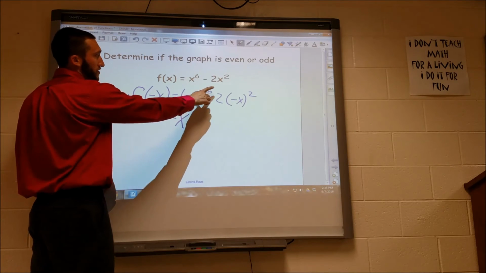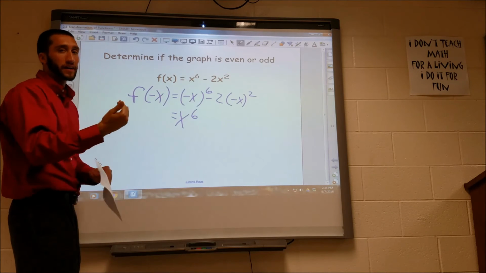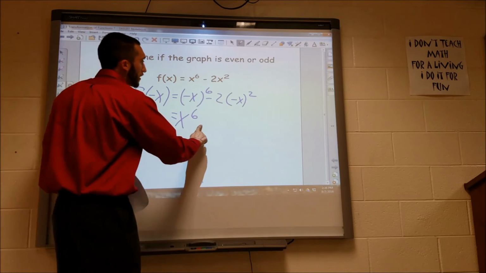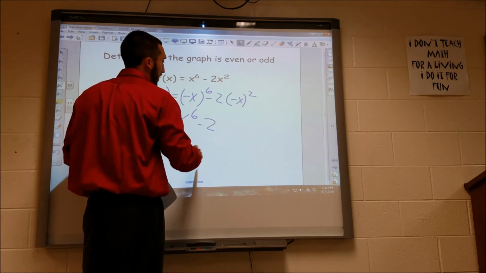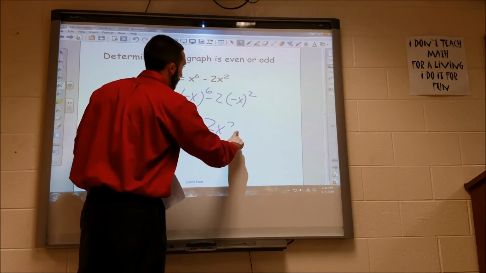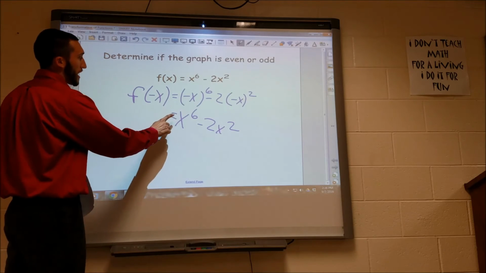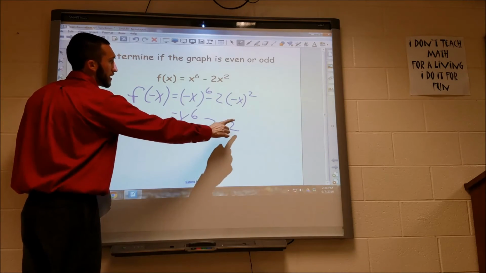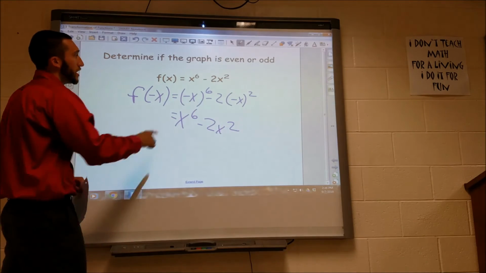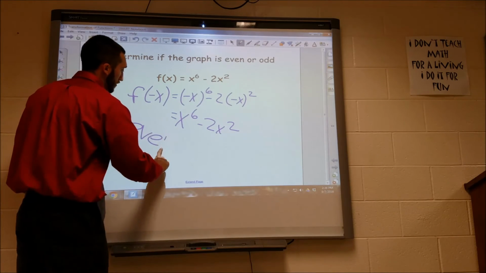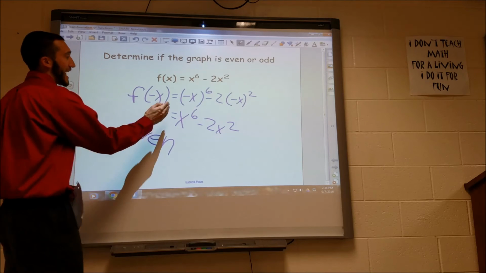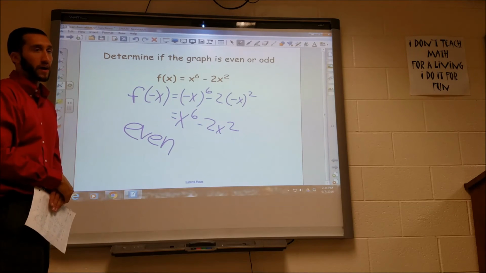That negative x isn't going to change the positive or negative value of that term. Likewise, a negative x squared is going to look the same as x squared. So we can see that my function, after I substituted a negative x, looks exactly like my original function. So this one is even. It's exactly the same after I plugged in a negative x.